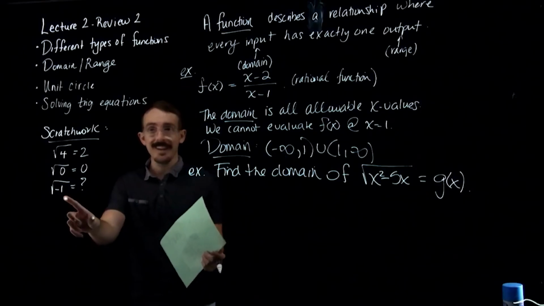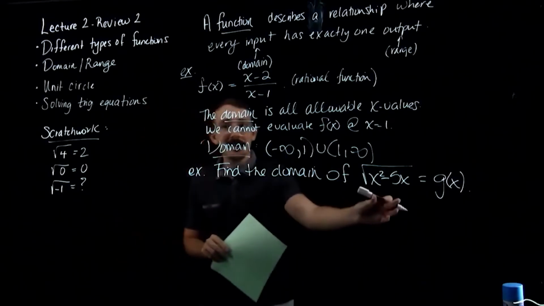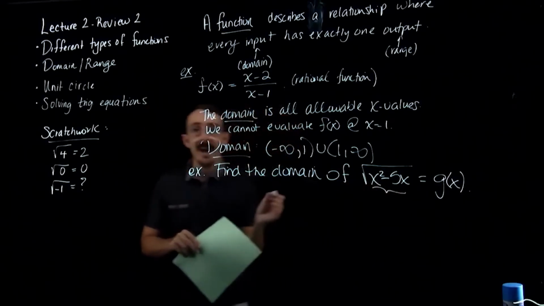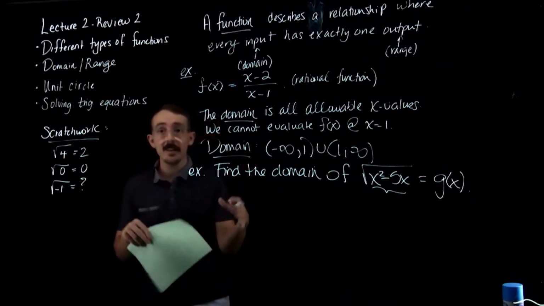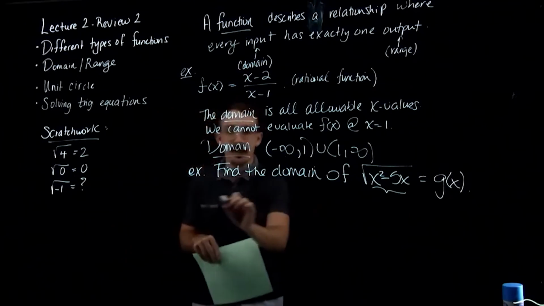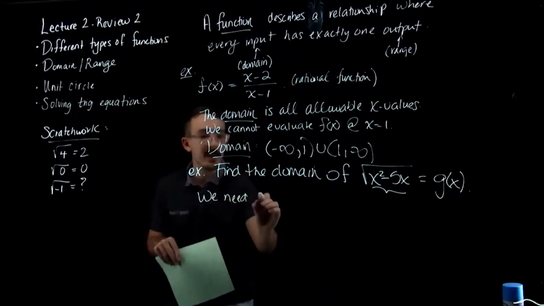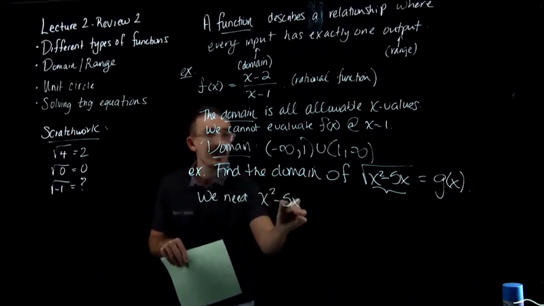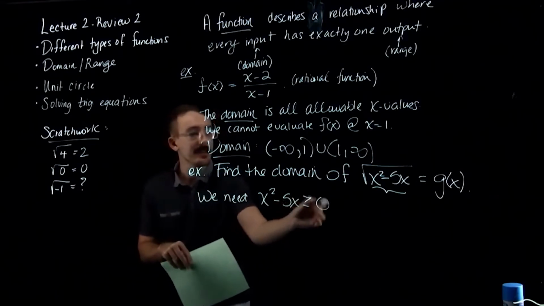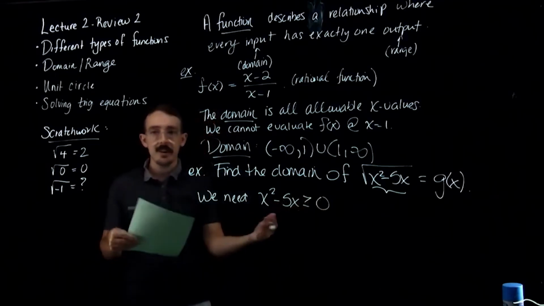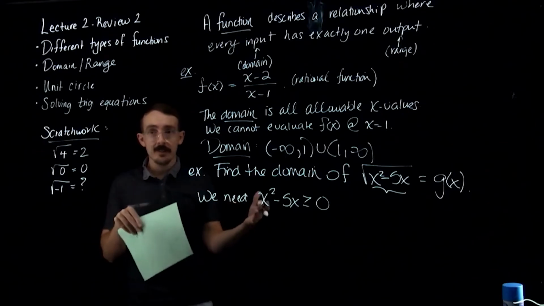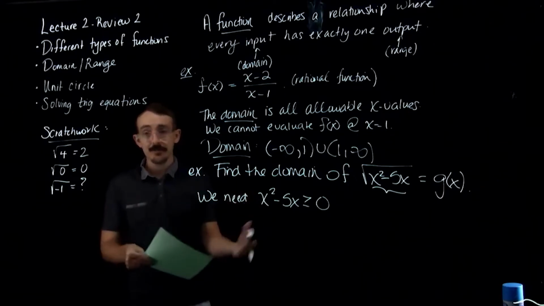This is no solution. So we need to make sure that whatever is inside the radical is at least 0. So we basically just copy what's in the radical, whatever it is. That's what's in the radical this time, and you need this to be at least 0.